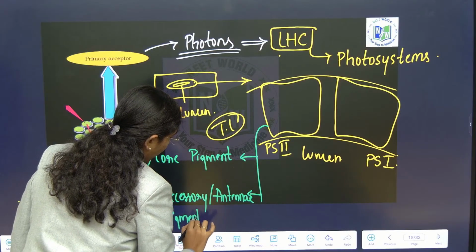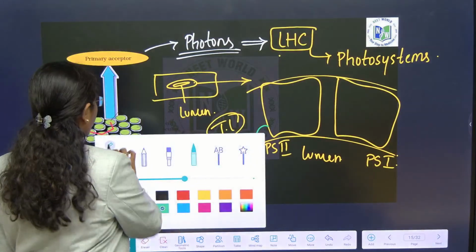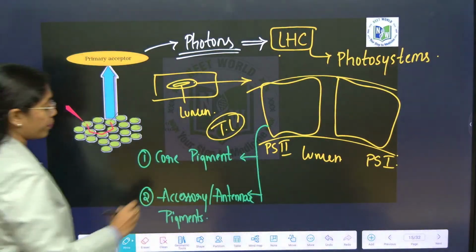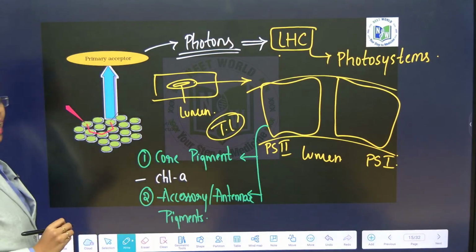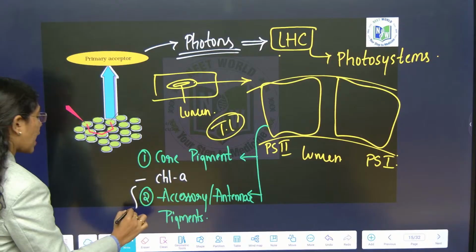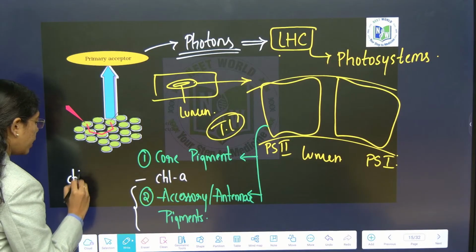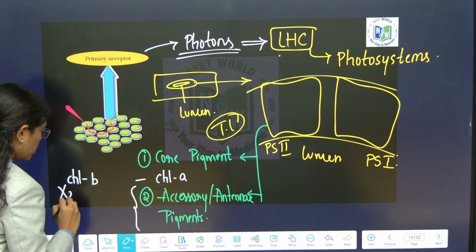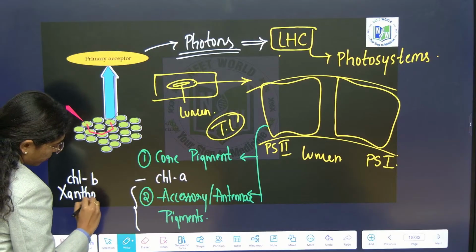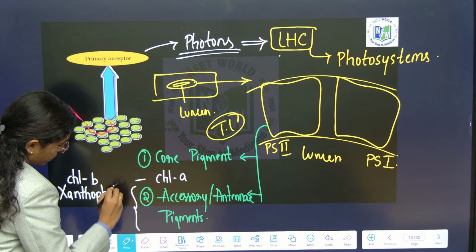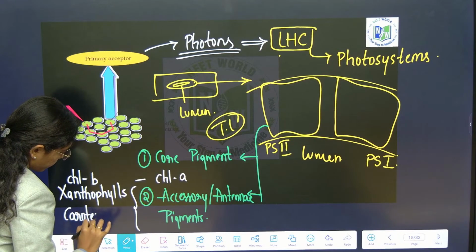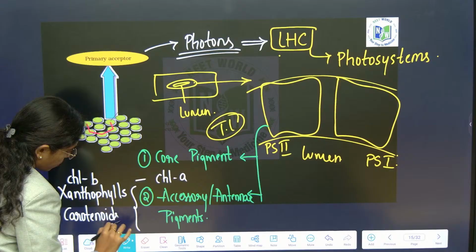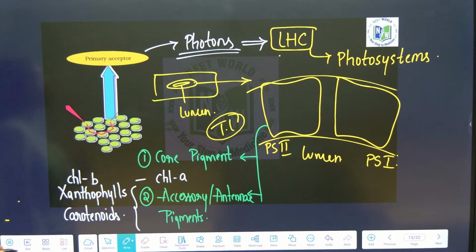The core pigment is chlorophyll A. Accessory or antenna pigments are chlorophyll B, xanthophylls and carotenoids.